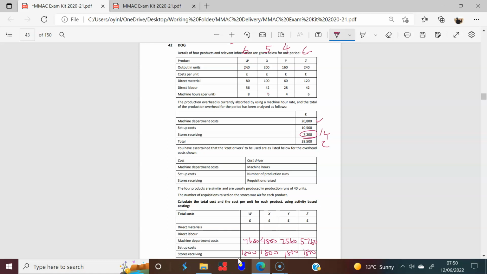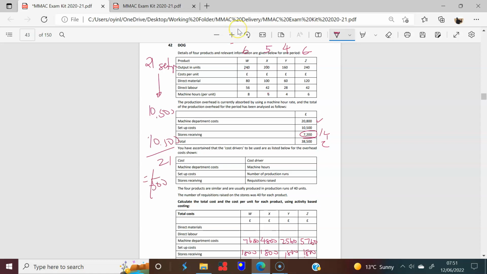So in effect you have 6 plus 6, 12 plus 9, so 21 setups. 21 setups caused this setup cost of 10,500. So I can find what the cost is per setup. That's 10,500 divided by 21, and that is 500. So it's £500 a setup.